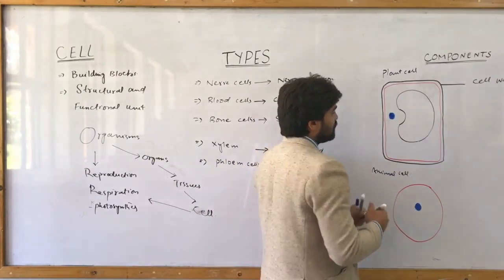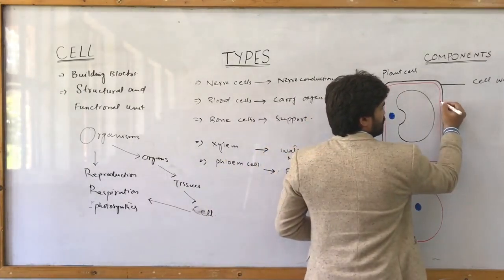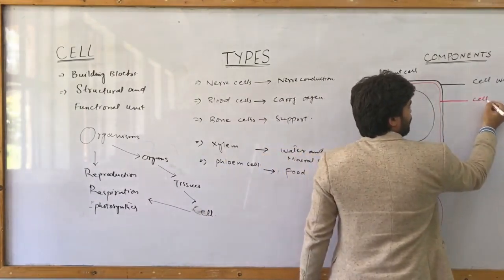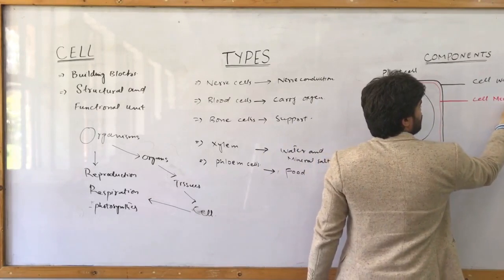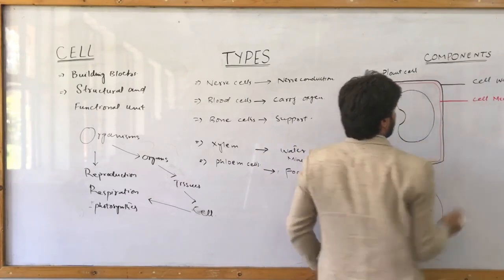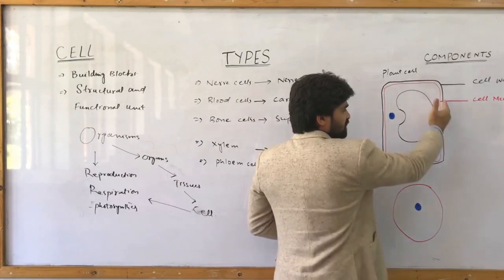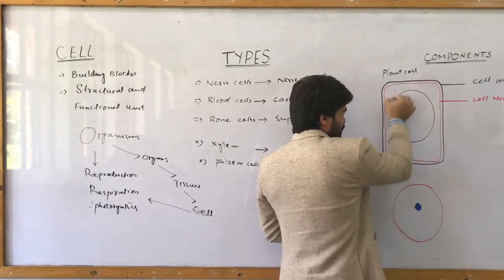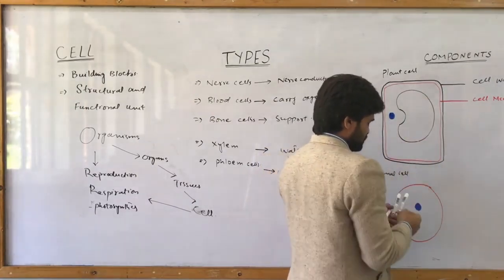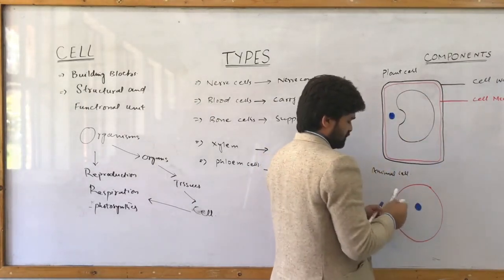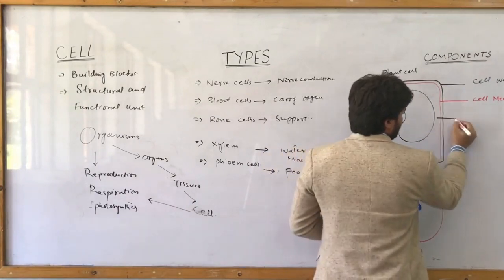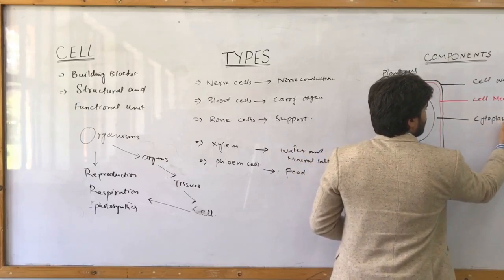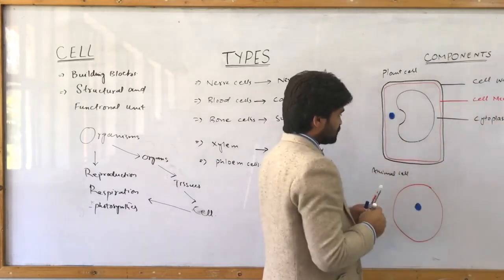And the inner red line, the inner boundary, that is the cell membrane. And inside that red wall, there is a white space present all around in this picture, and that is basically the cytoplasm.